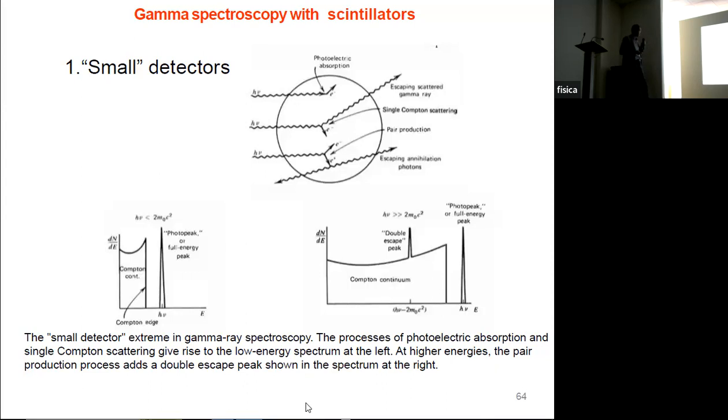So in this case, you will have the same picture as this, but you will see this peak which happens here. This peak is called the double escape peak, and it appears on this picture because two gamma rays are escaping from your detector, and you lose this energy information.